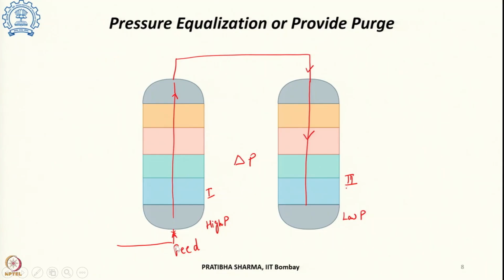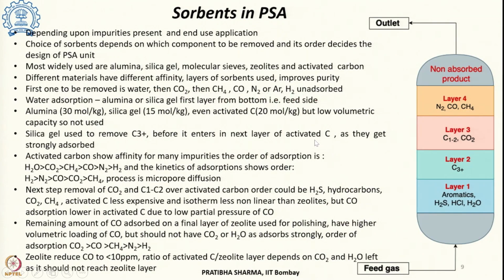This is the feed at high pressure, and this is the lower pressure chamber, such that due to this pressure difference, the remaining hydrogen gas will come out from this chemical, so the recovery efficiency will be high. This is very important.